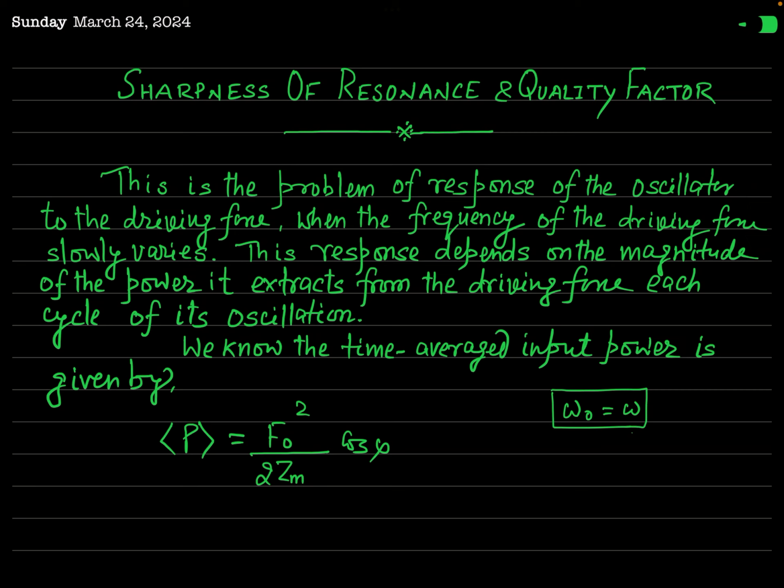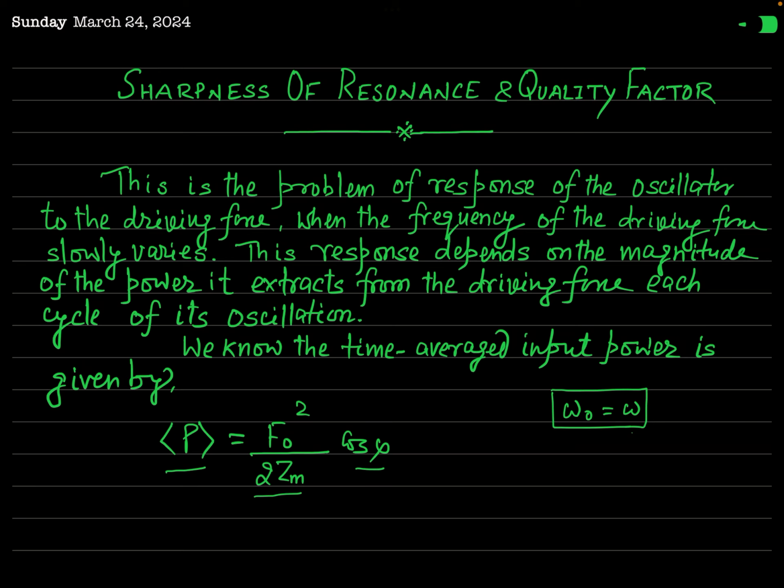If you have not watched my video on power calculation by the oscillator from the driving force, which I have already provided earlier, you must go through that video and then watch this video. If you have already watched, then you can remember that the time averaged power of the oscillator is given by this formula: F naught square over 2Zm times cos phi.